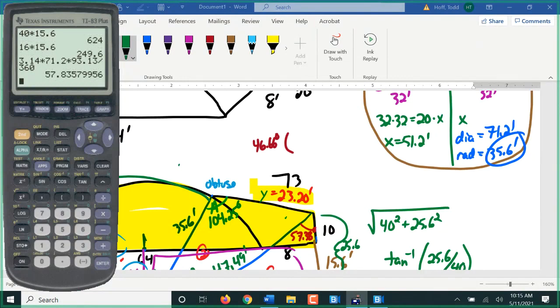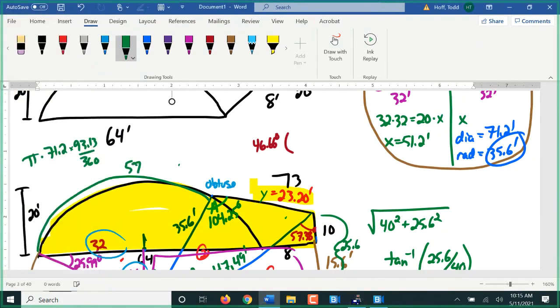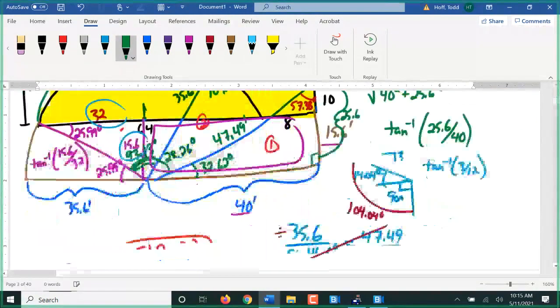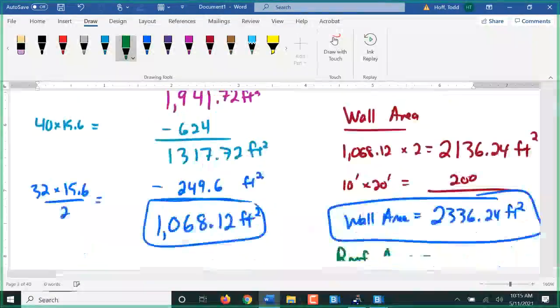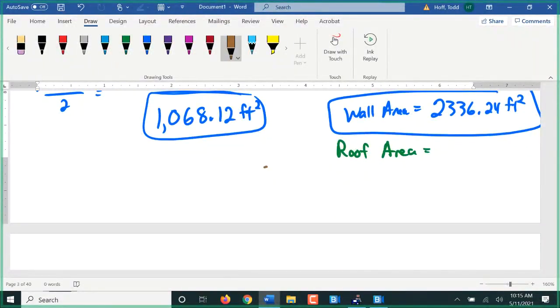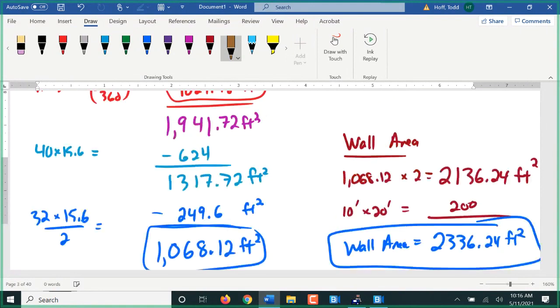Give us a length there of 57.84 feet. So 57.84 plus our 23.20 will give us 81.04 feet, times the length of that portion, which is 20 feet.